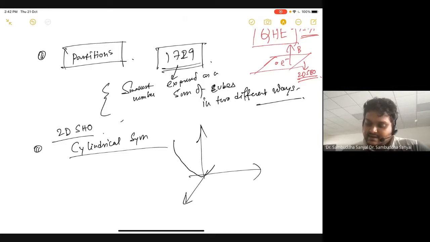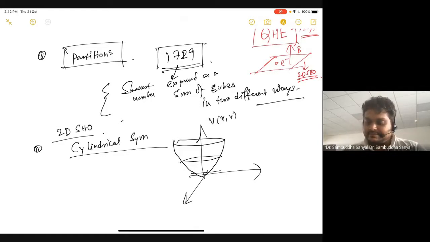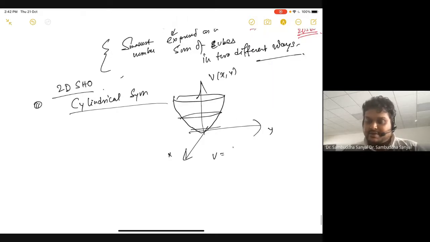I'm now still doing the 2D simple harmonic oscillator. It has a cylindrical symmetry because it is like you are rotating this object, and if the potential V(x, y) is isotropic, then it has this symmetry.